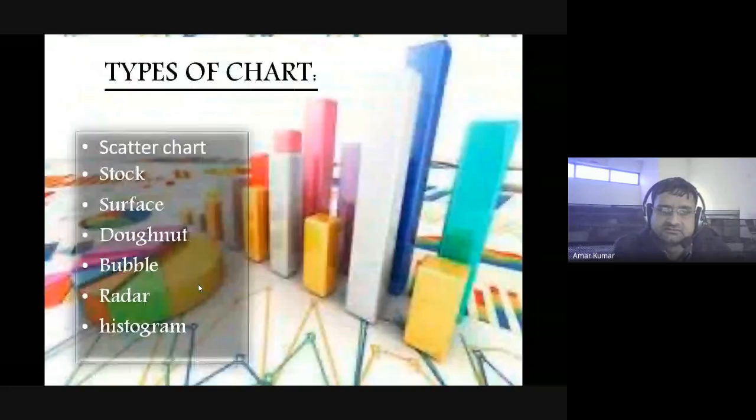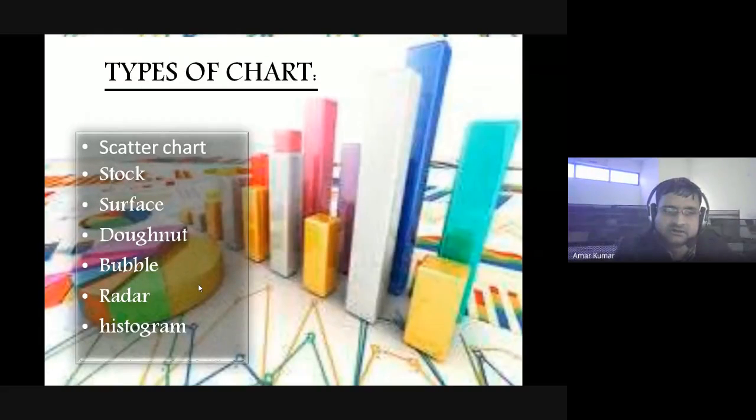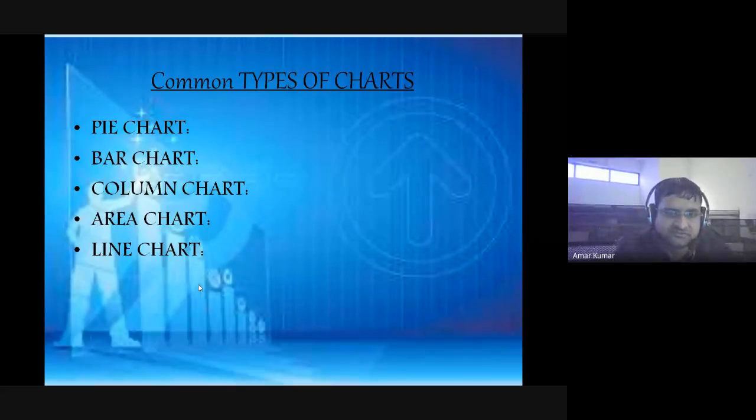Types of charts: there are scatter chart, stock chart, surface chart, donut, bubble, radar, histogram. These all are types of charts. We can also have pie chart, and the common types of charts which we will learn today are pie chart, bar chart, column chart, area chart, line chart.